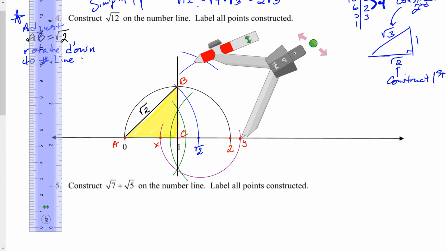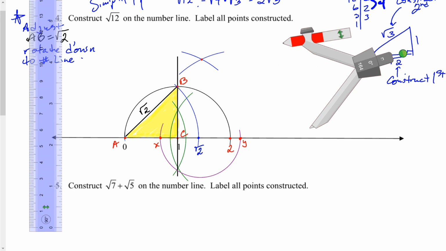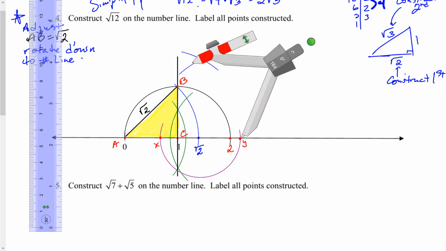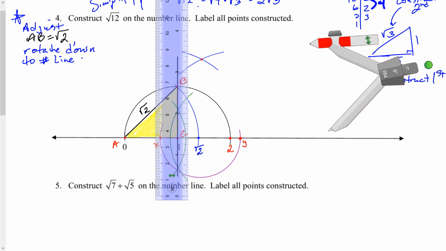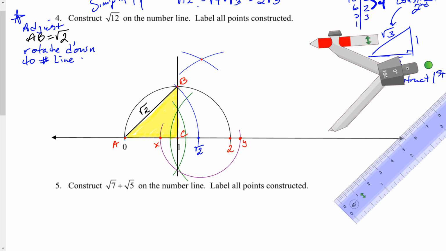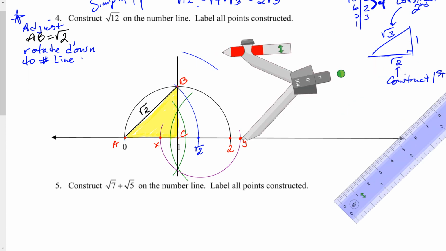Let me redo this. That's weird. My arcs don't erase. What happened here? Give me a second, I'm just double checking things.